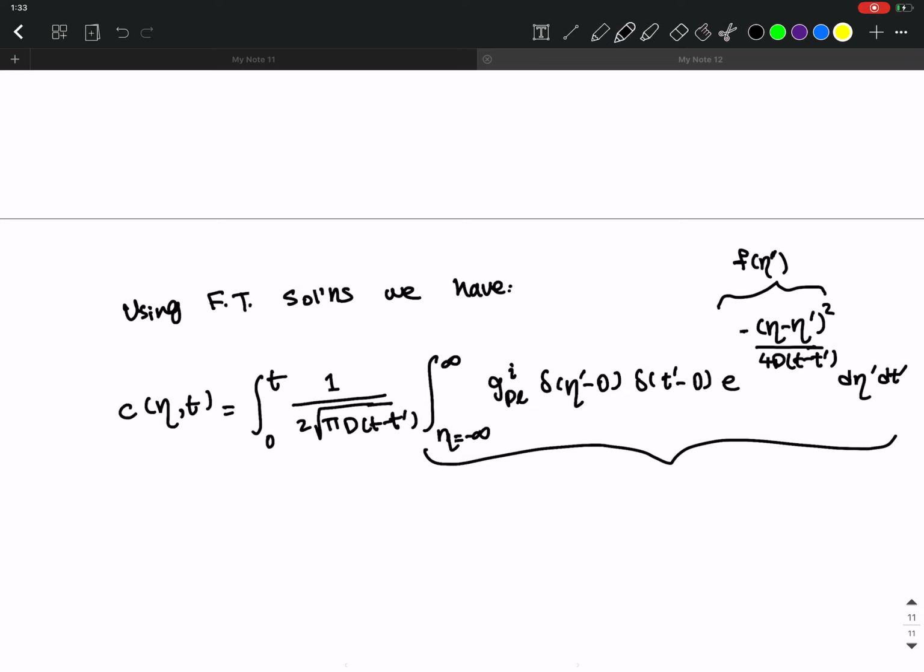So I have this term here, delta eta prime minus 0. So this means that the answer of this is going to be GPL I delta theta prime t prime minus 0 times f evaluated at eta prime equals 0, right?